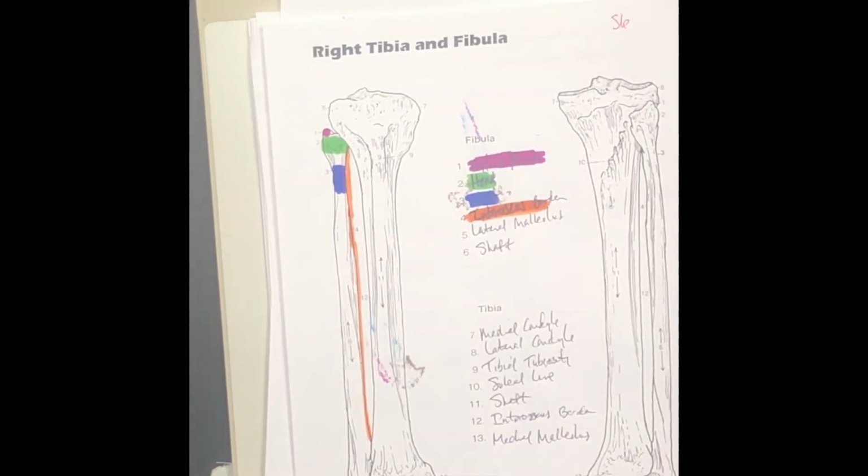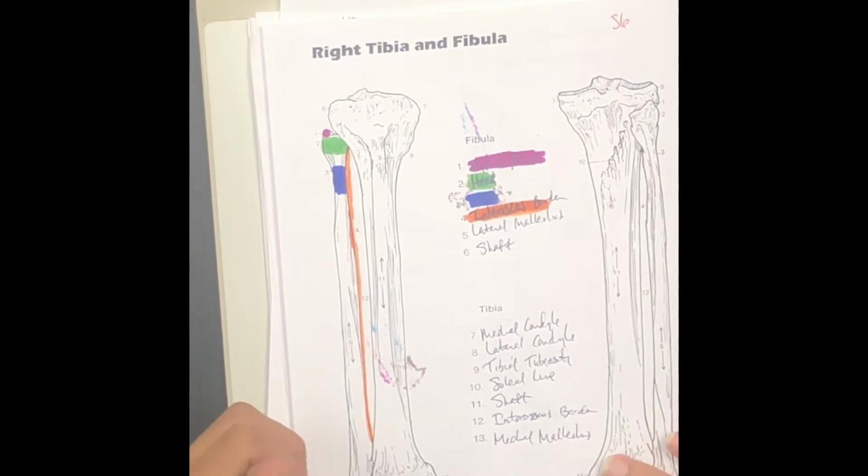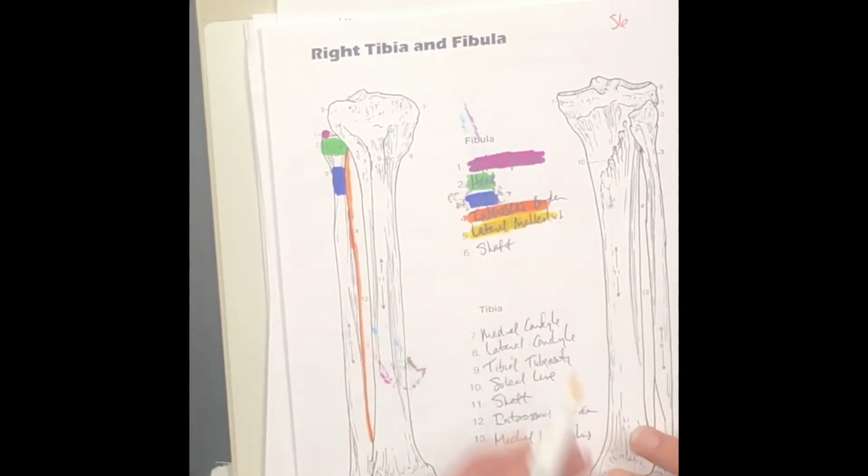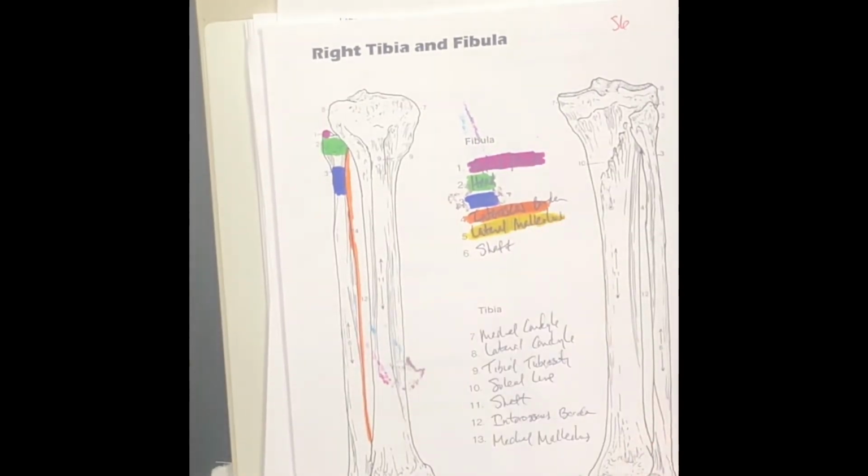5 is the lateral malleolus. So 5 is here. This is on the fibula. So this is the lateral malleolus. And then 6 is the shaft.